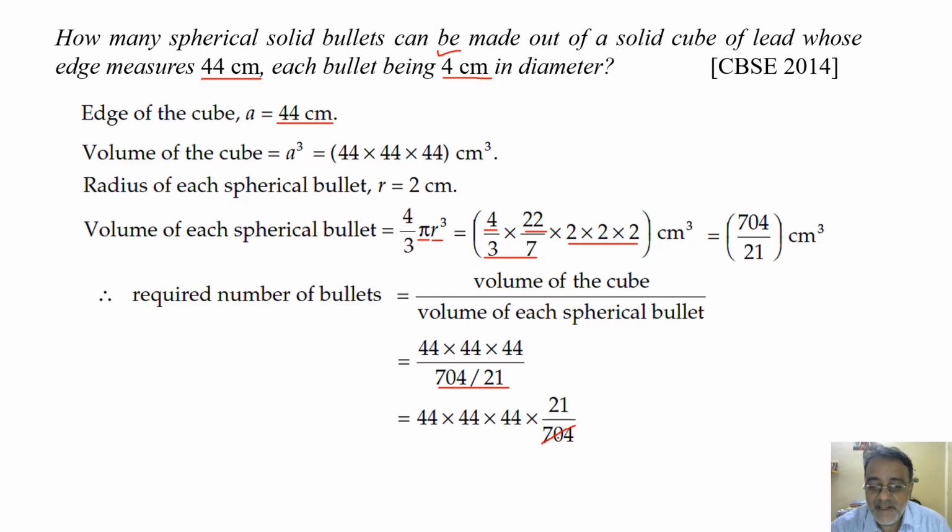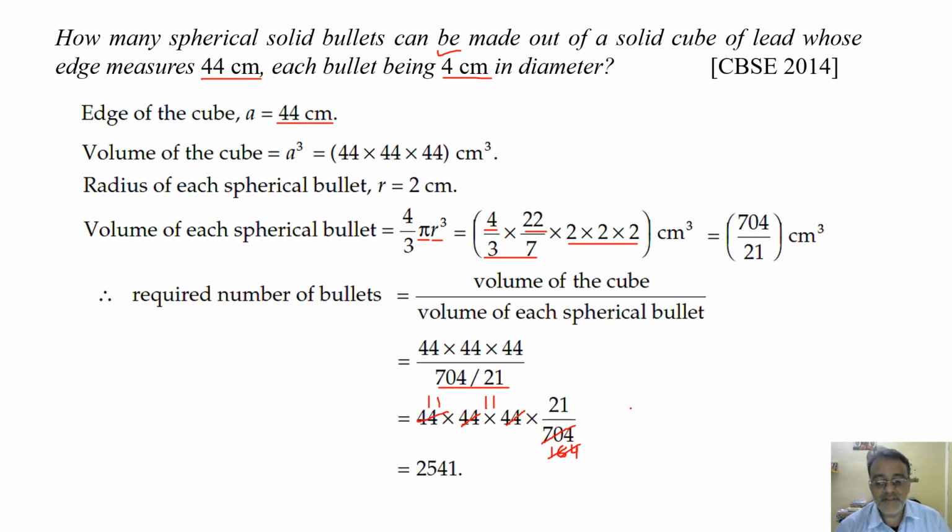So now 704 we will divide it by 44, we are getting 16, okay. So अब 4 से कैंसिल करेंगे हम लोग. So 11 into 11 into 21, 121 into 21. So we'll get 2541 is the final answer.